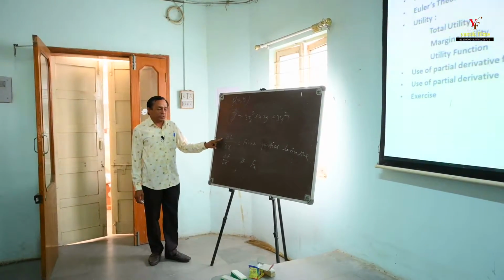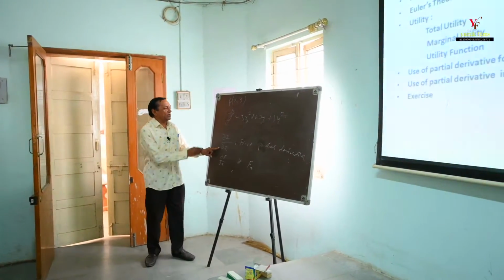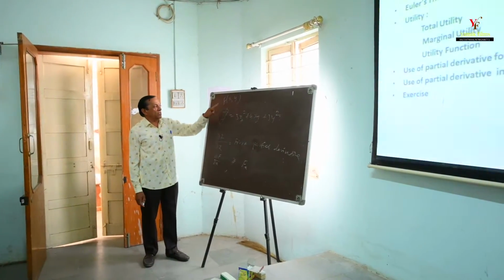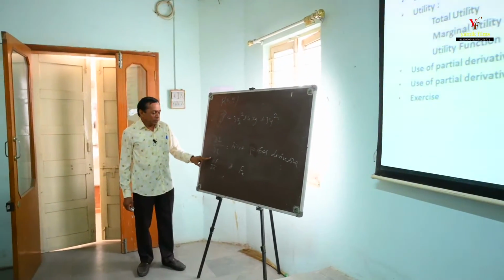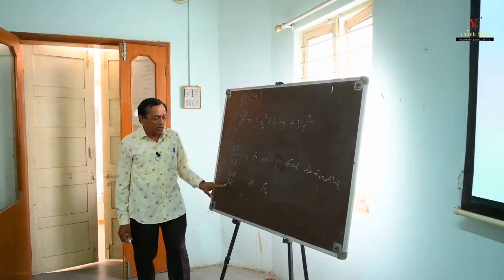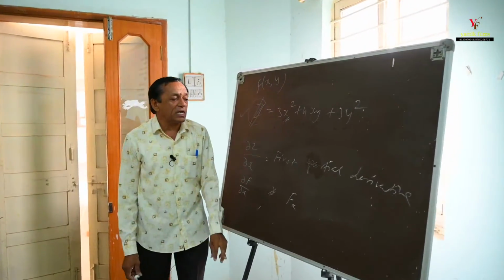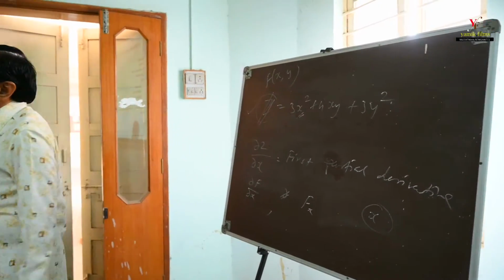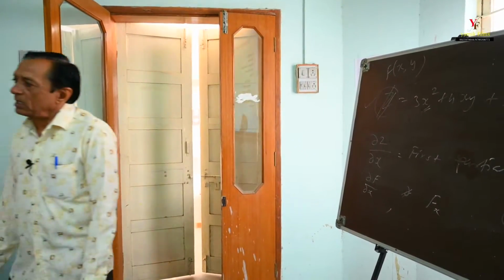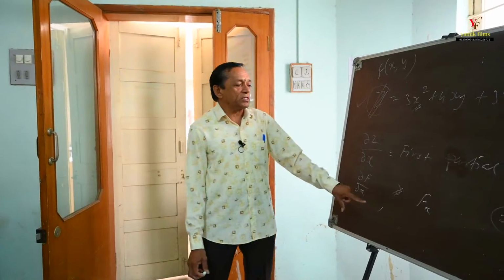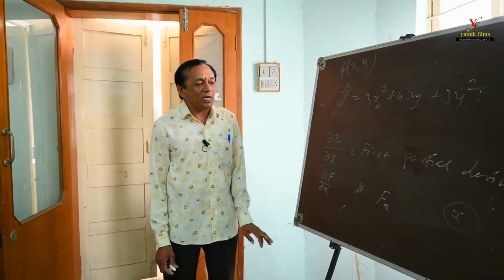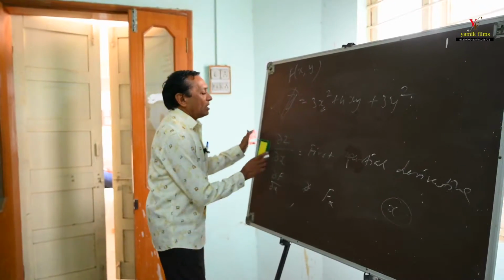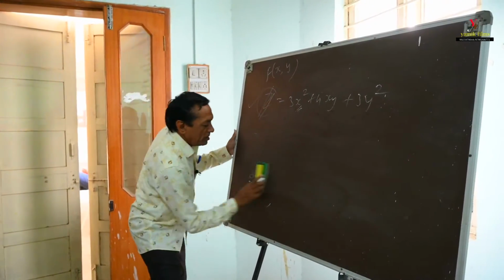There are three notations: delta z by delta x, where we have given z; delta f by delta x, where we have given a function f of xy; or fx. This is the first partial derivative with respect to x. X may change, y is unchanged or constant, then we can say this is delta z by delta x.